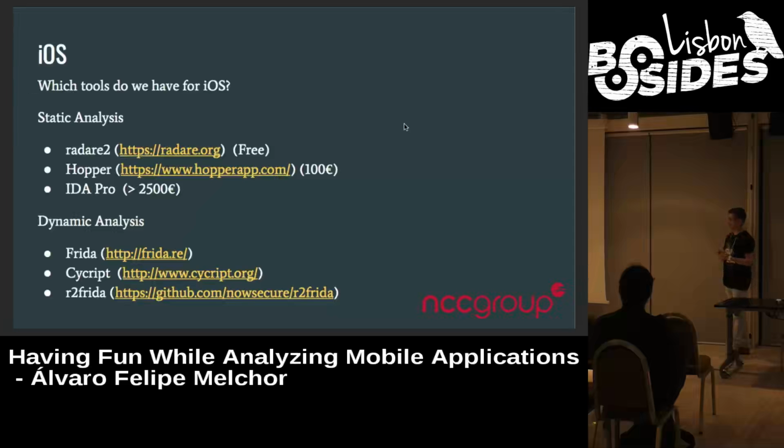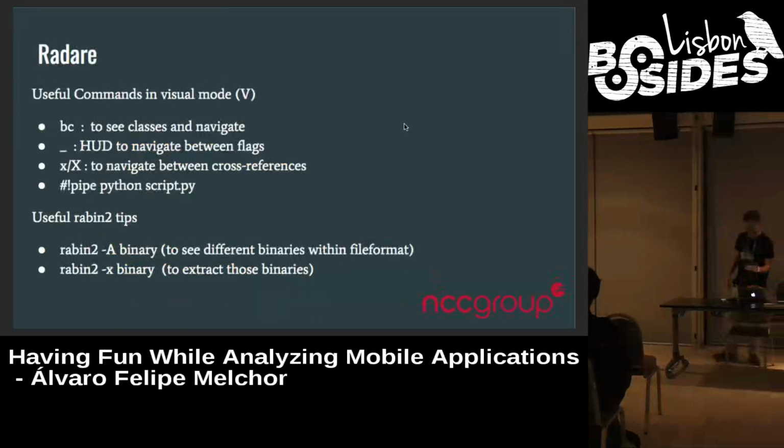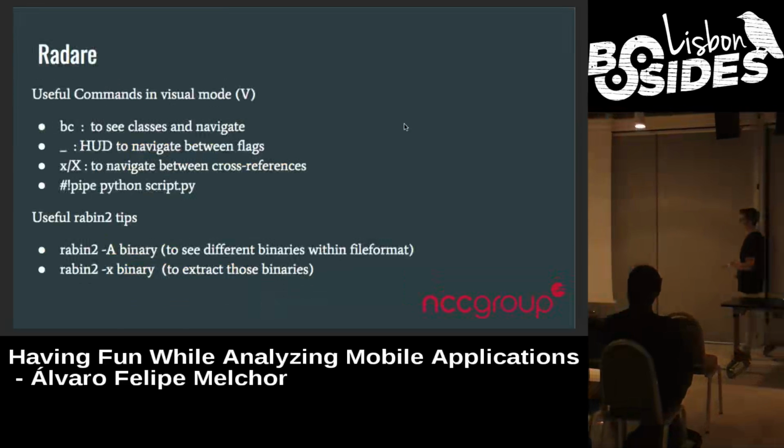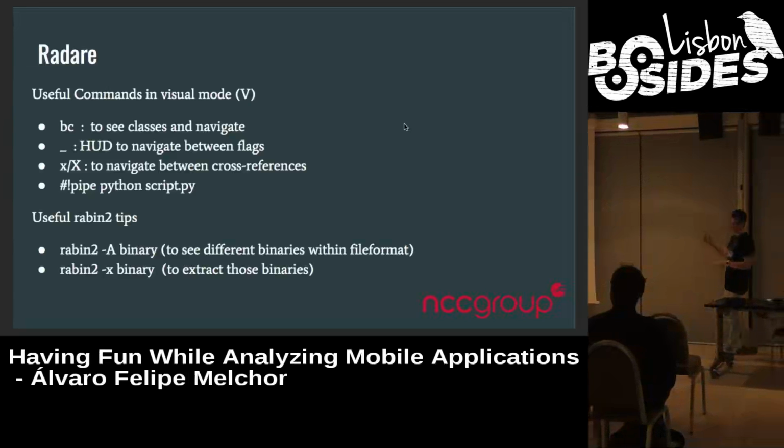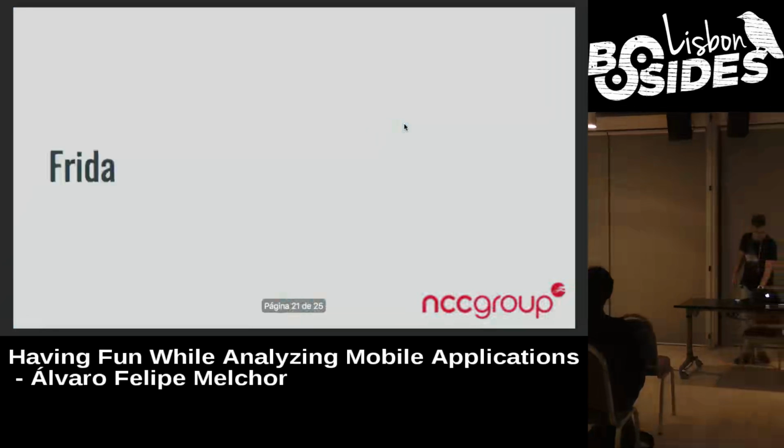So Hopper has a nice interface. It supports iOS applications very well. So I recommend Hopper over IDA Pro for iOS applications. Well, this slide is more for reference for the different commands that I'm going to execute later, okay, when I share this slide with the organization.